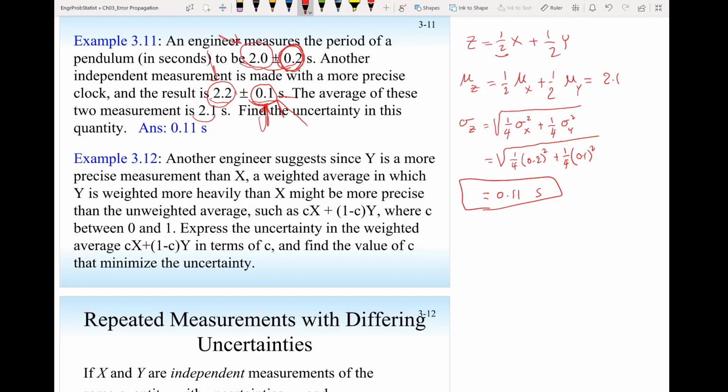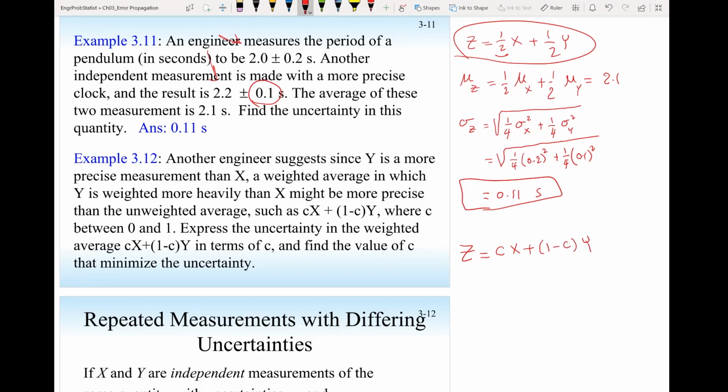Now, another engineer may come and say, since Y is more precise than X, a weighted average in which Y is weighted more heavily than X might be more precise than the unweighted average. Instead of using equal average, why don't we say Z equals C X plus 1 minus C Y?